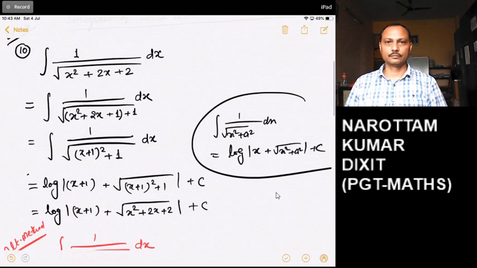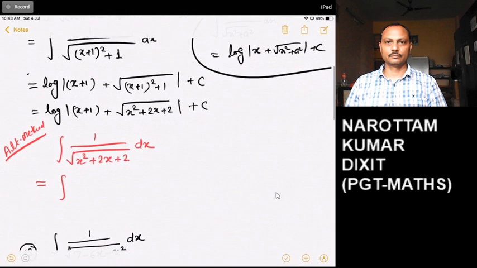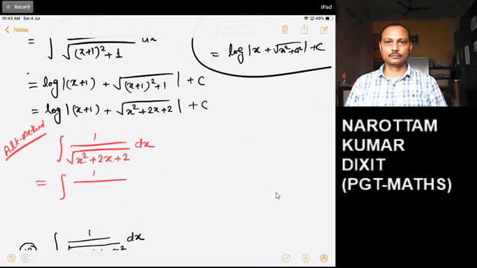We have seen that after making perfect square, we can write it as 1 upon under root x plus 1 whole square plus 1.